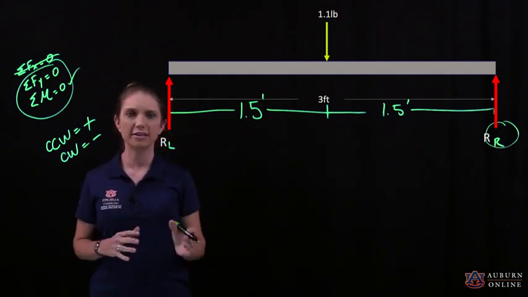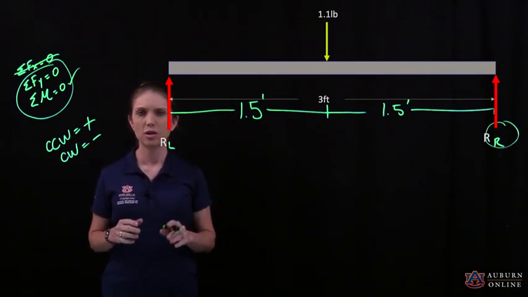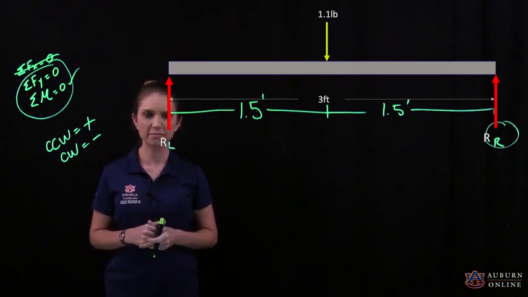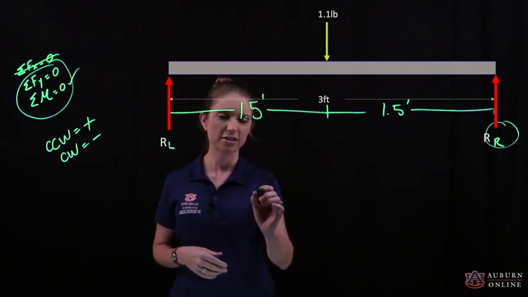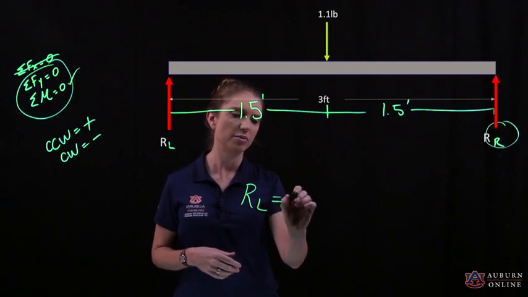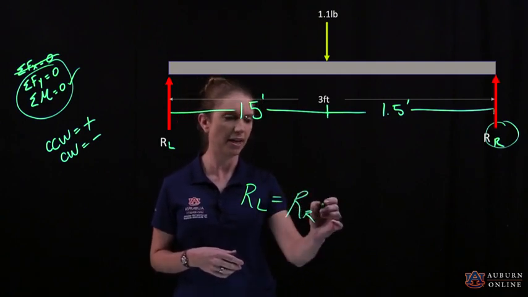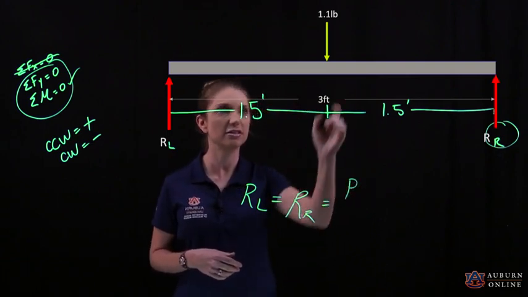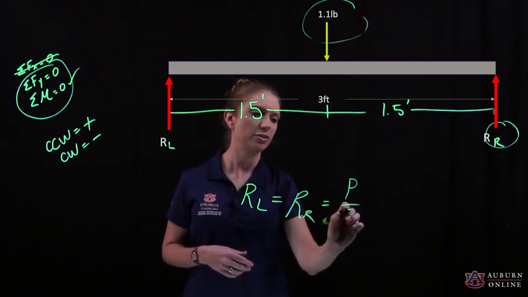So another way to get the support reactions when we have a special case like this, where we have one applied load directly in the center of the beam, is to use a shortcut formula. So here when we have this situation, the reaction on the left-hand side of our beam will be equal to the reaction on the right-hand side of the beam, and that's going to be equal to the applied load, in this case 1.1 pounds here, divided by 2.